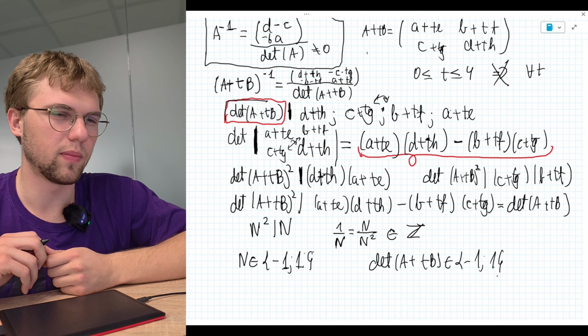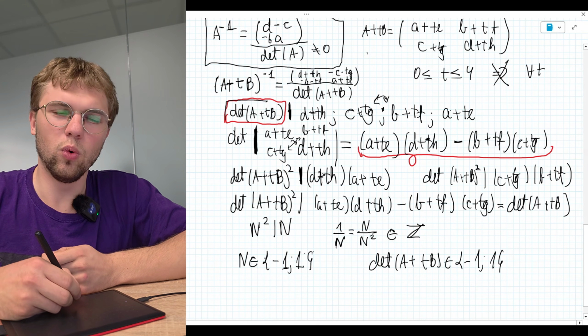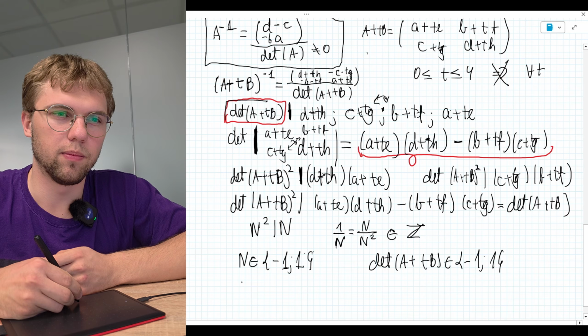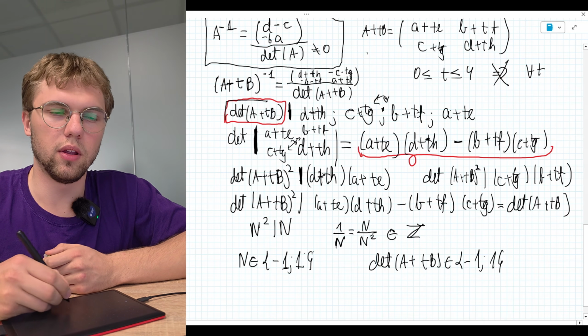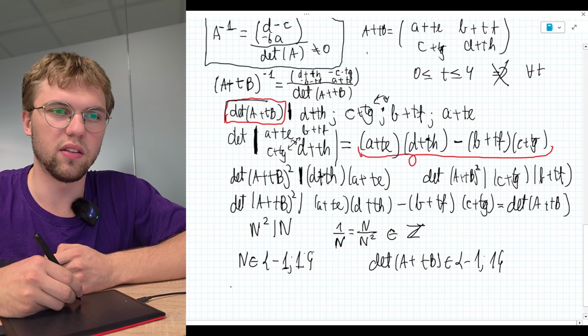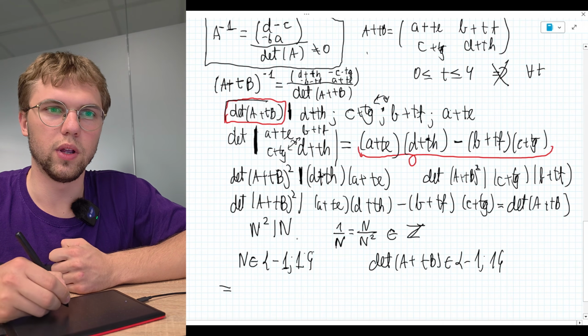But look, what exactly is a determinant? This is the determinant, right? But if we multiply these things together, we get what?